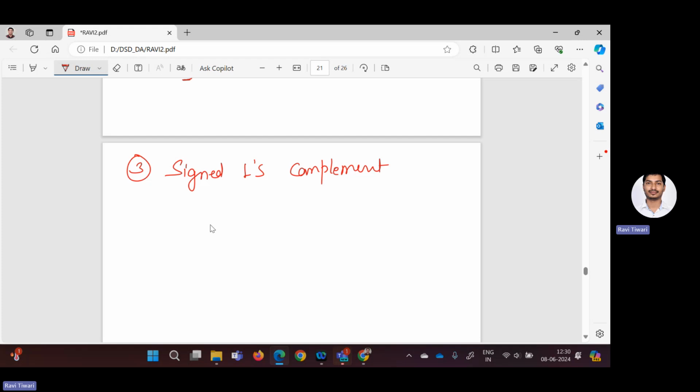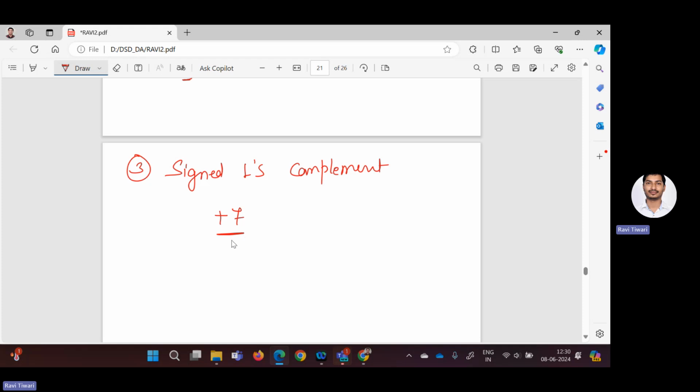I'm taking one example, plus 7. All positive number representations will be the same. For a positive number, we cannot find the ones complement, so whatever the number is, it will remain same.